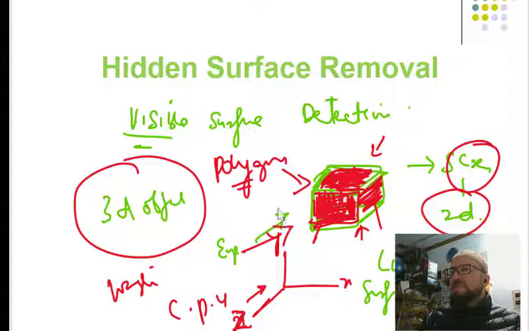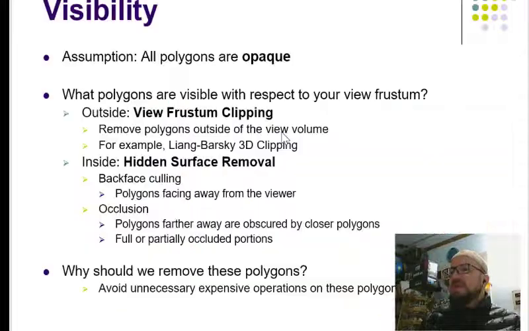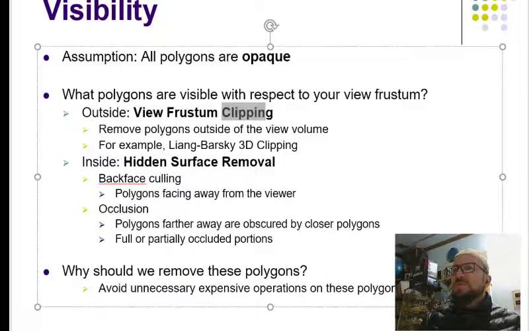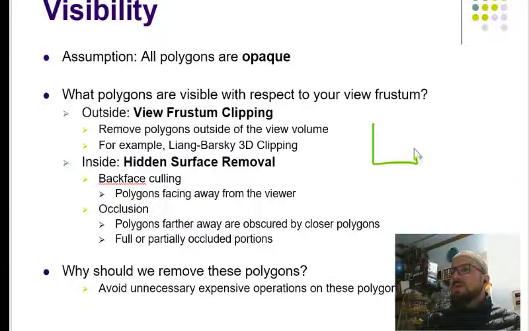Now we have already done the clipping, right? But the clipping we have done is for what is outside your viewing frustum. So view frustum clipping is where you remove something. This is your window, and say there was a tree here, there was a car here.